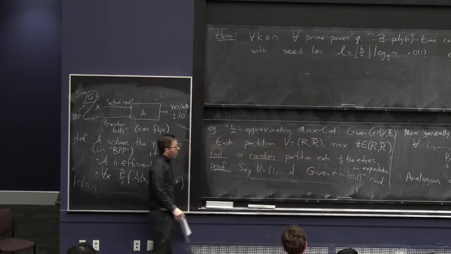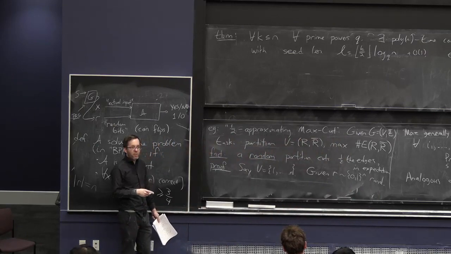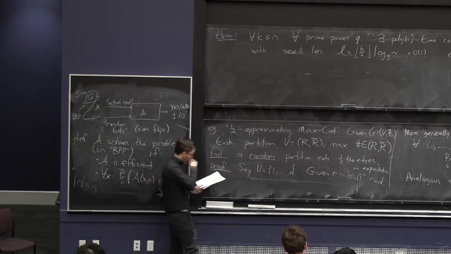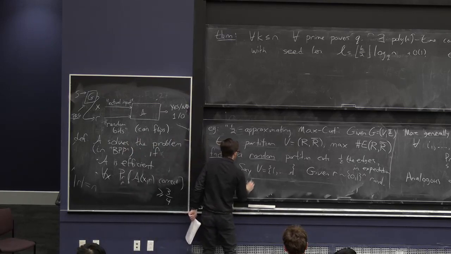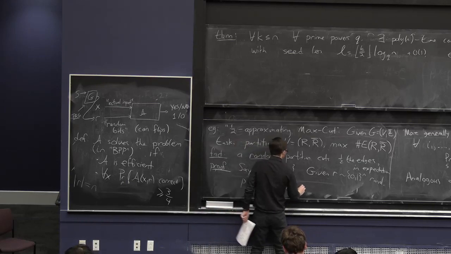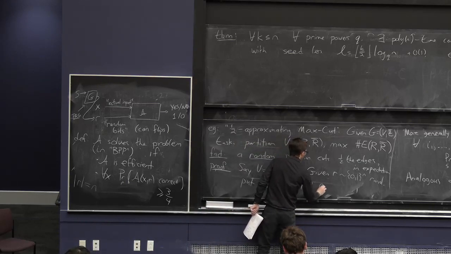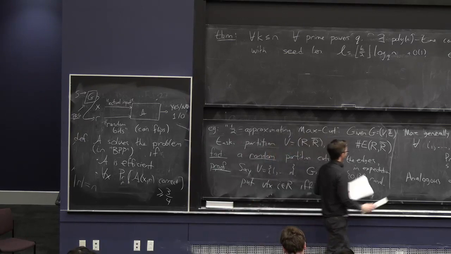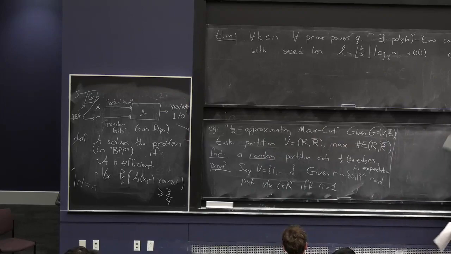Now we're in a nice setup. We have one random bit per vertex, so we can use that to define our partition. We'll put vertex i into R if and only if the random coin flip r_i is 1. Now let's think about how many edges get cut by this algorithm.